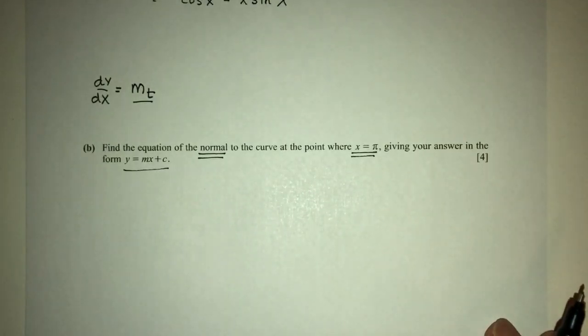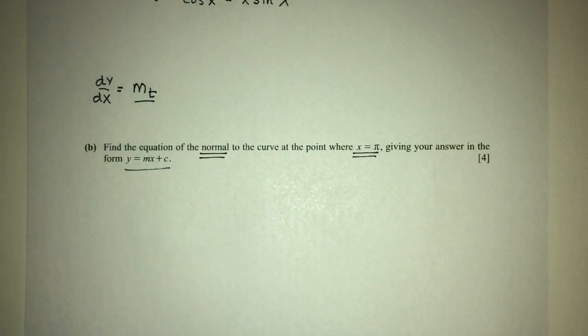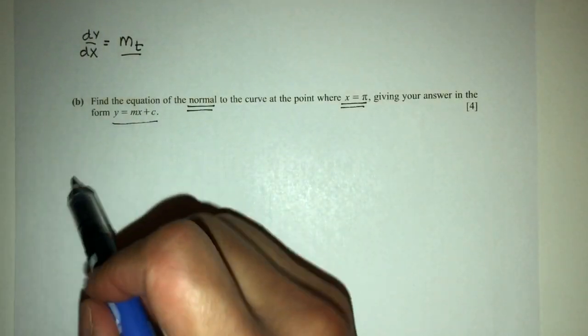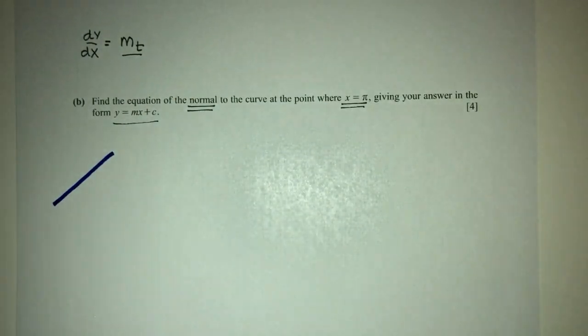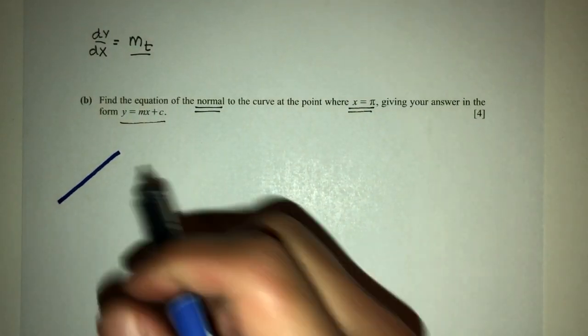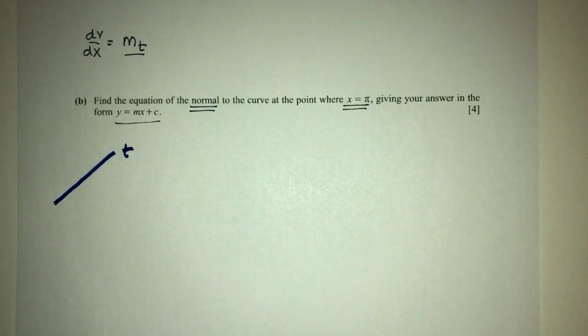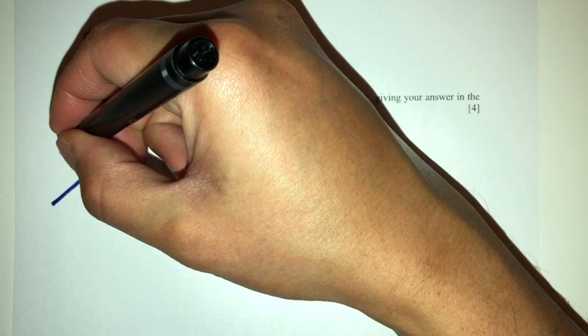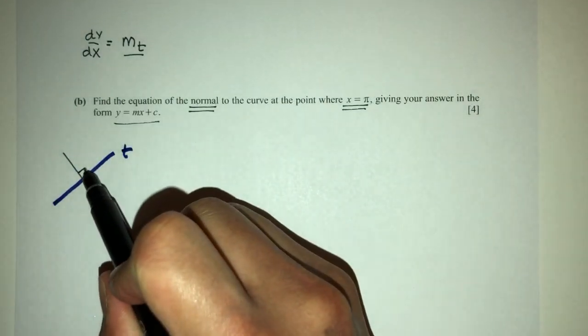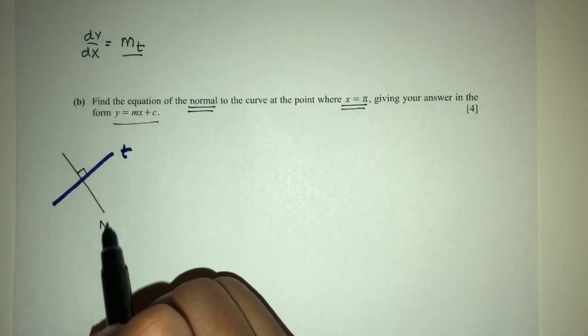Right, exactly. So now let's say we have a line here, and we are trying to find the normal. Let's say this line is a tangent, and call it t. Now we're trying to find the equation of the normal. The normal is at right angle to the tangent. Let's call this n.